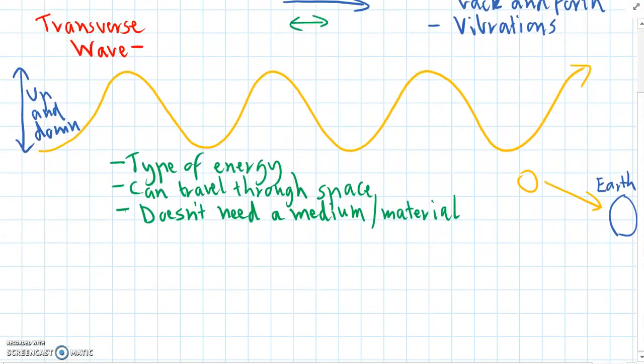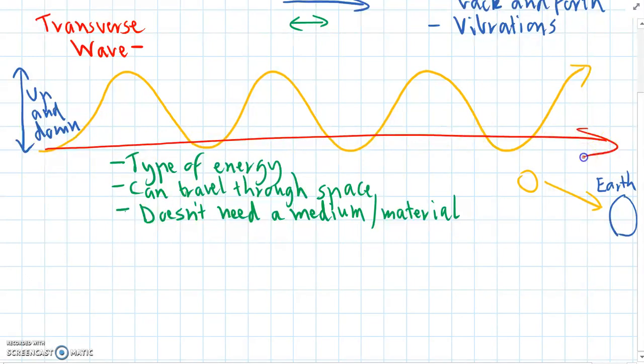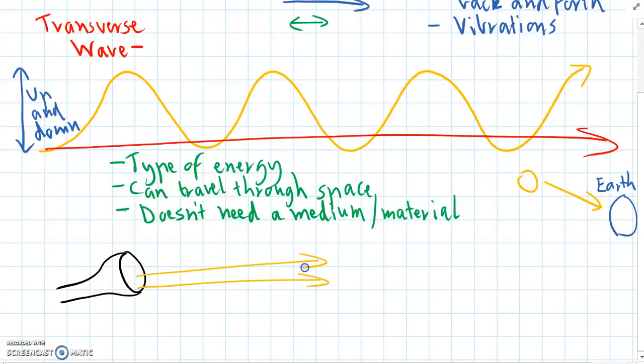But even though light travels in a transverse wave up and down, it still moves overall in a straight line. So we can see if the light starts here, overall it still moves in this direction. And if we have a torch and we turn it on, the rays of light will move in a straight line out from the globe.